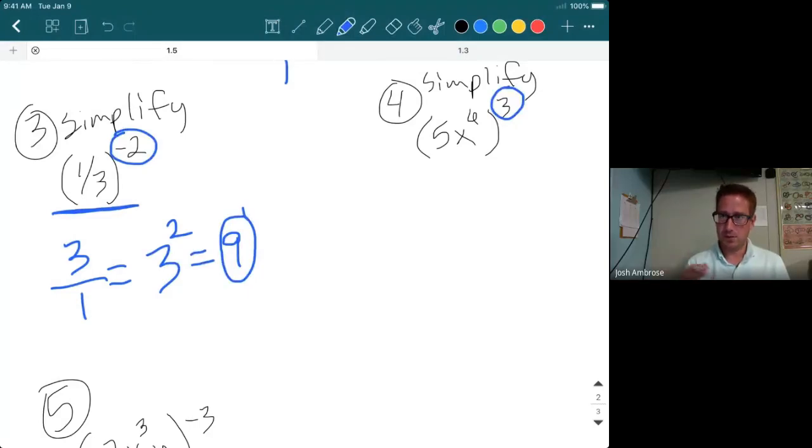into, I really hope the video's still working there. I had a little bit of a glitch, all right? That 3 is now going to be distributed into the 5, and the 3 is also going to be distributed to that 6 right there. So let's rewrite this, okay?